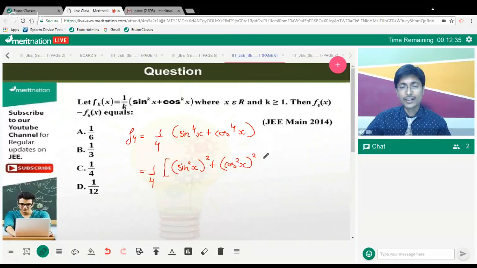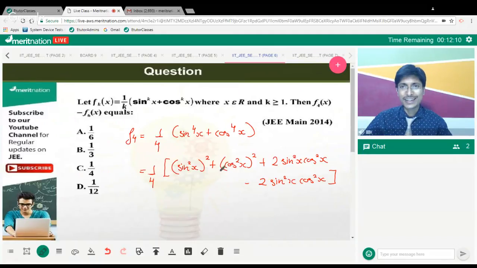Okay, and if I add and subtract 2 sine square x cos square x, that won't make any difference.